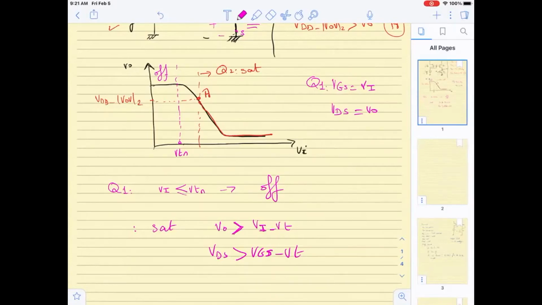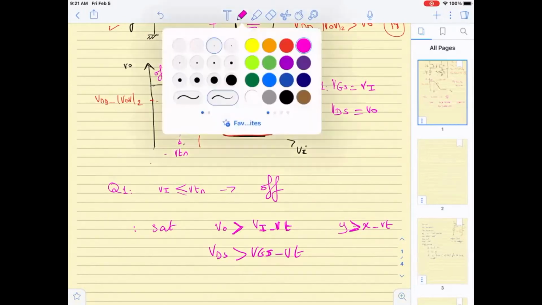So the condition that says VDS should be greater than VGS minus VT really translates to VO greater than Vn minus VT, right? If I draw this as y greater than or equal to x minus VT, I can find a line that looks something like this. But I'm not going to draw it for you now. Let us see, what is the edge of saturation? Where do I hit the edge of saturation? That's what I care for.